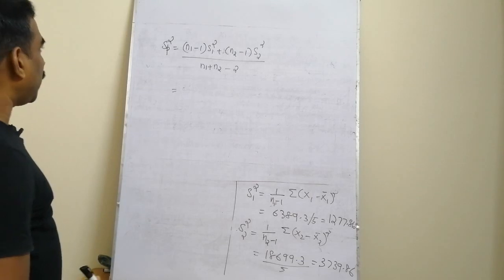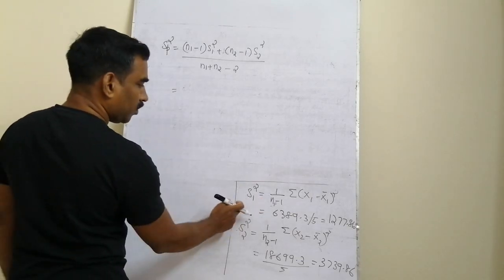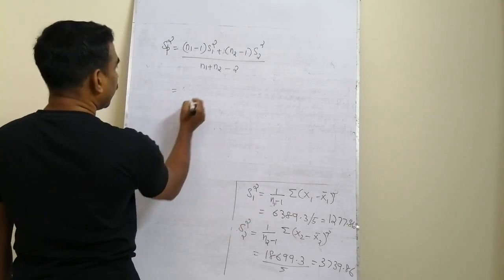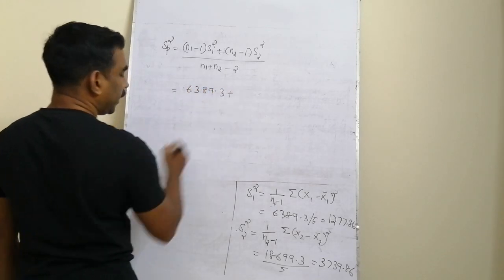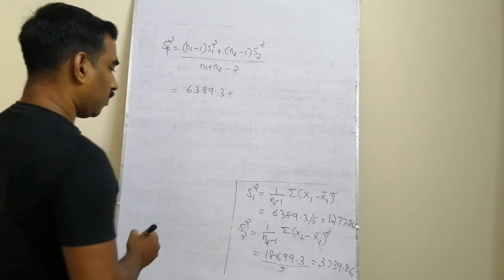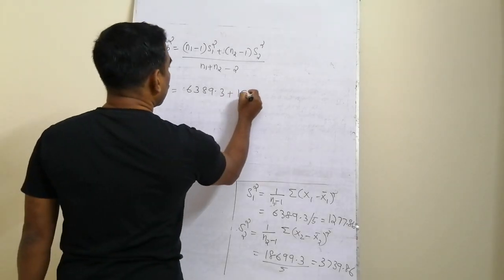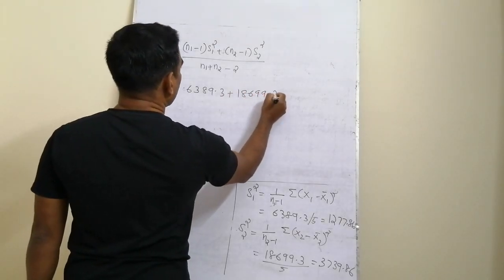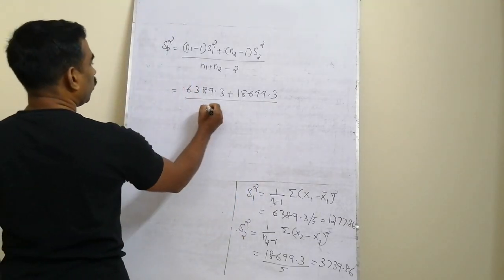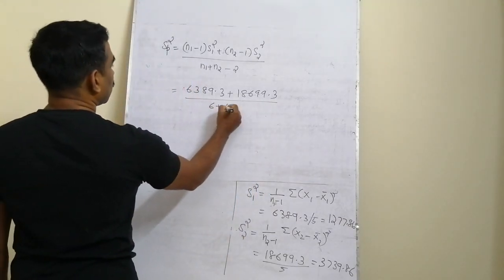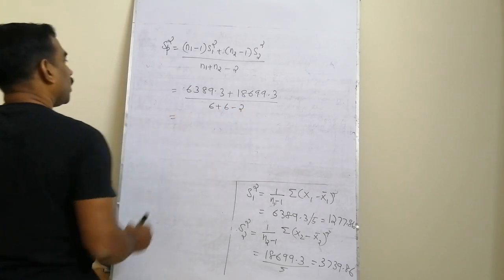So next we compute the pooled sample variance. The pooled sample variance formula: n1 minus 1 into s1 square, which is 6389.3, plus n2 minus 1 into s2 square, which is 18699.3, divided by n1 plus n2 minus 2. n1 plus n2 minus 2 means 6 plus 6 minus 2, that is 10.